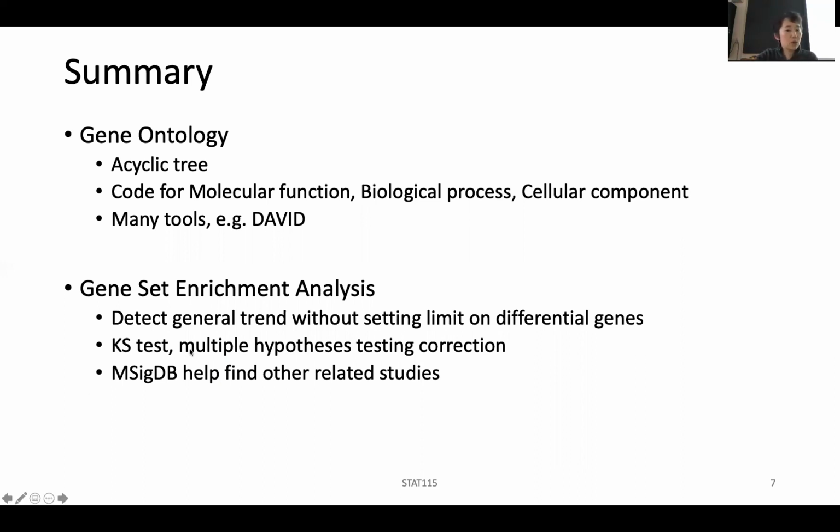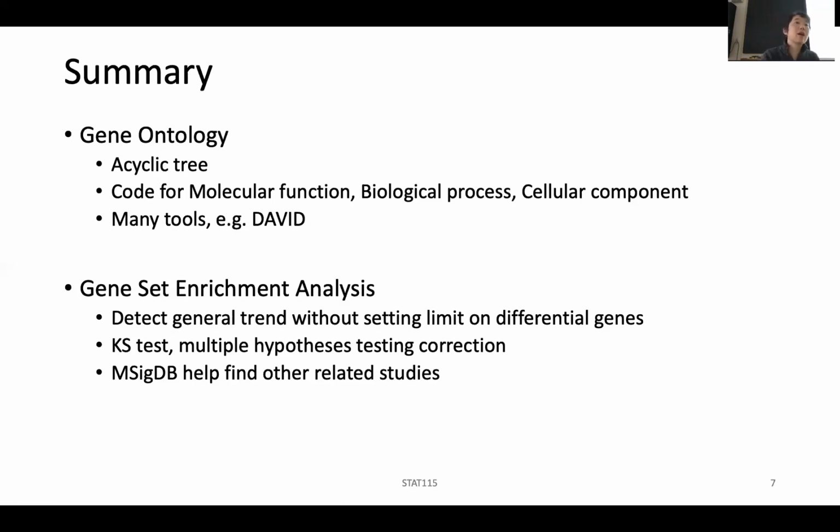And here you do also need to do multiple hypothesis testing because you are testing many, many gene sets for either belonging to the same gene ontology group or belonging to another experiment which have shown to be differentially expressed. And since then, this Molecular Signature DB is part of the gene set enrichment to help define the gene sets, but also bring relevant studies to a user if you have your own differential expression.